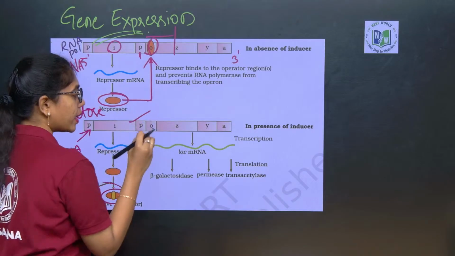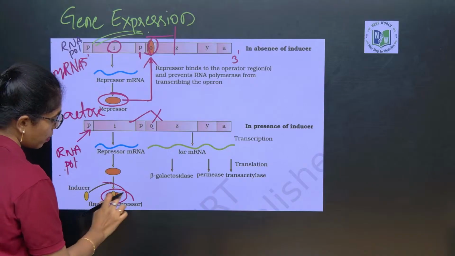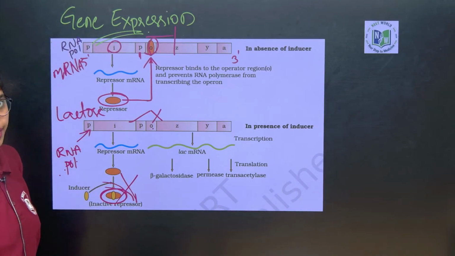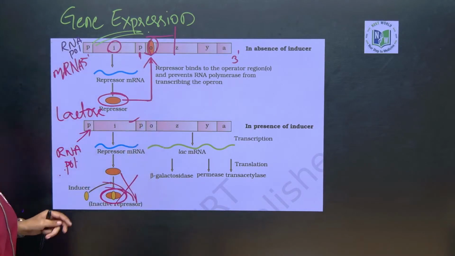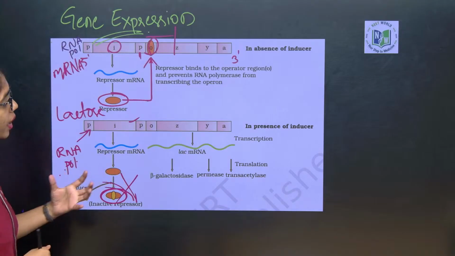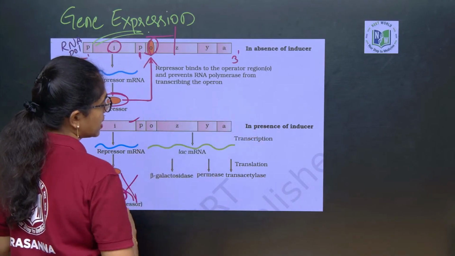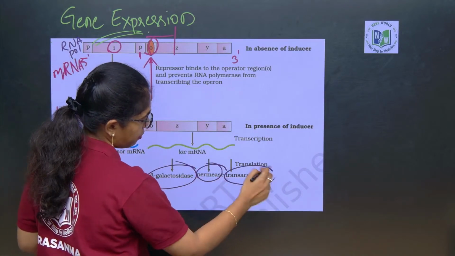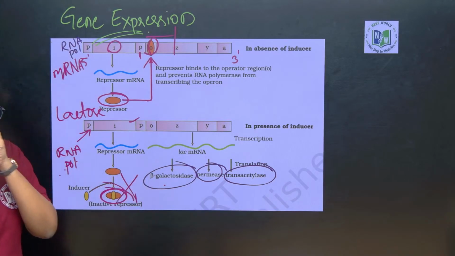To the operator region, the repressor will not bind because lactose will bind to the repressor and the repressor will be inactivated. So, nothing is there to block the process of gene expression. So, here ZYA, 3 structural genes are present, where Z is coding for beta galactosidase, Y for permease and A for transacetylase.